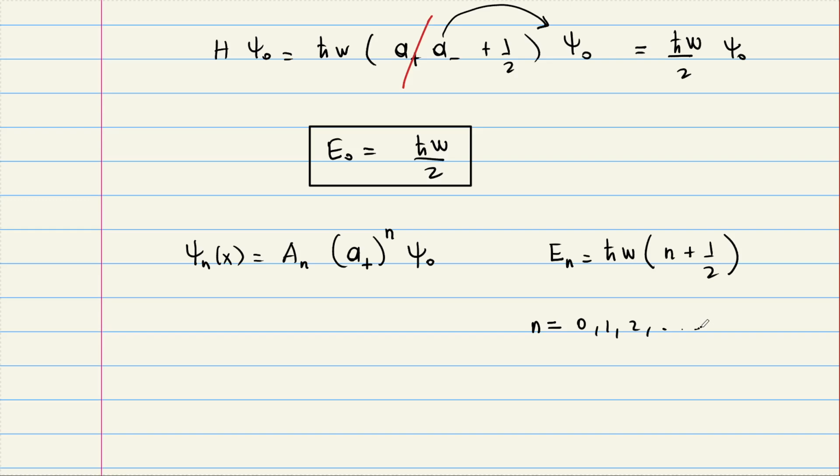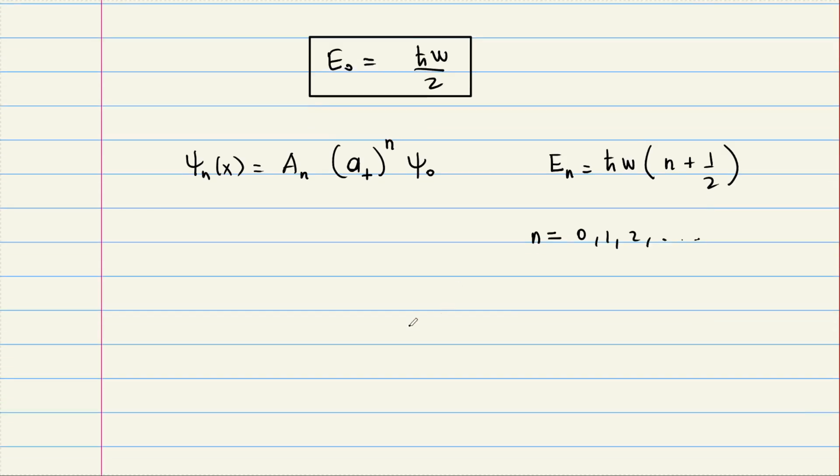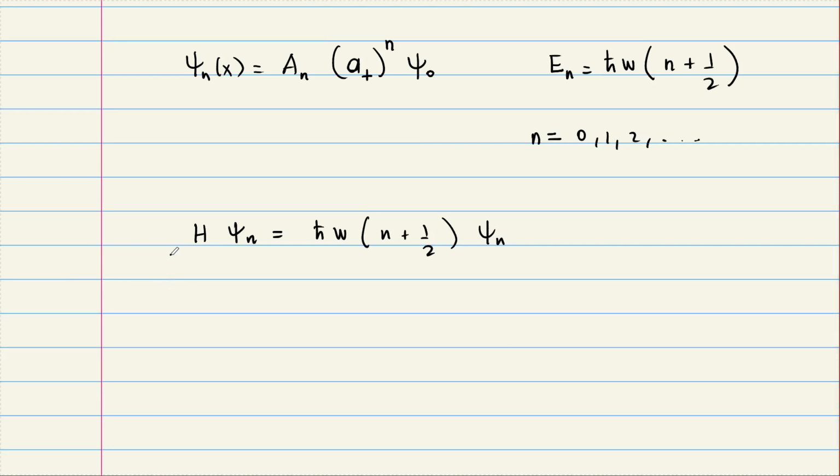Good. Therefore, we know the following. So H times psi n is h bar omega (n plus a half) times psi n. But I know what H is. H is h bar omega (A plus A minus plus a half).